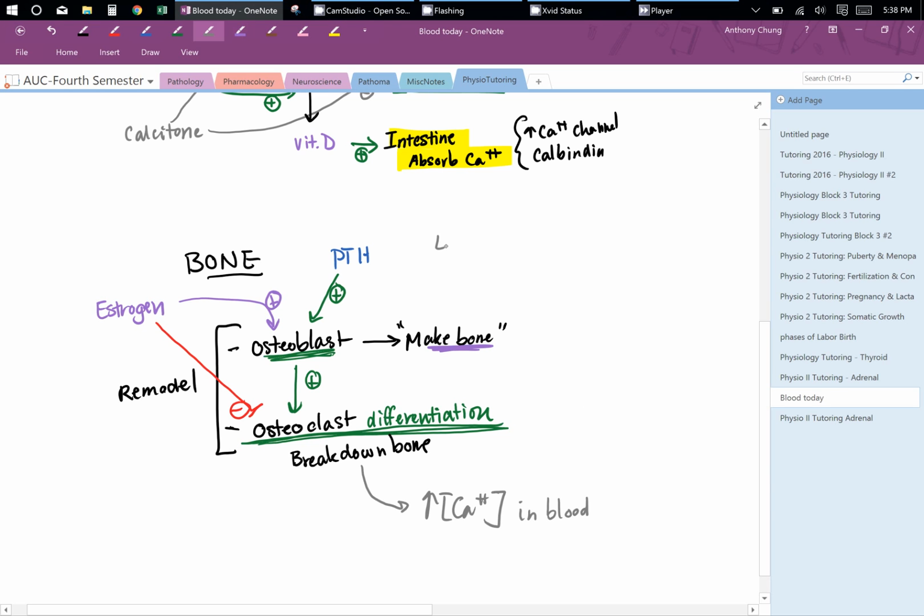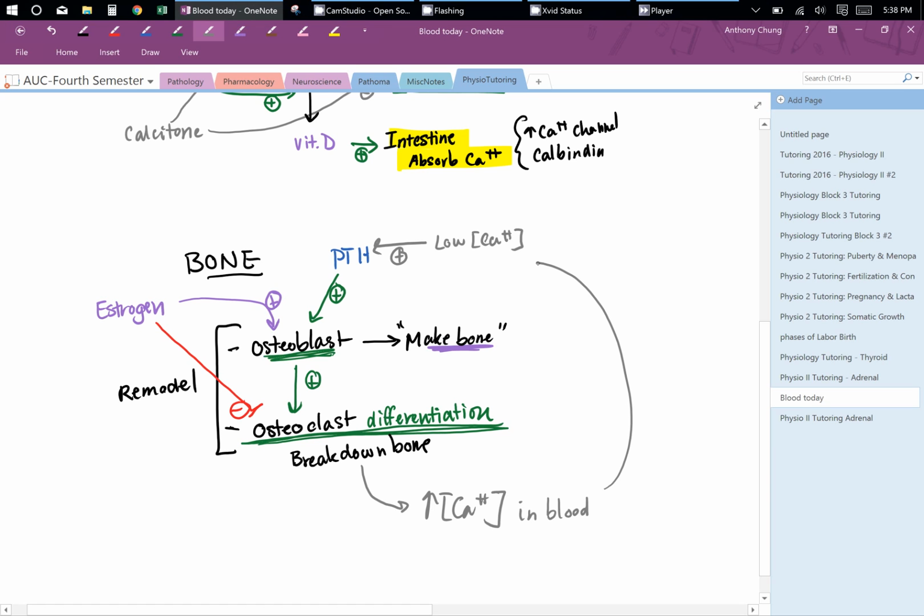So low calcium somehow results in the production of PTH, and then it goes to the bone. It allows for osteoclast differentiation, and then more calcium is being put back into the blood. So kind of goes back here.